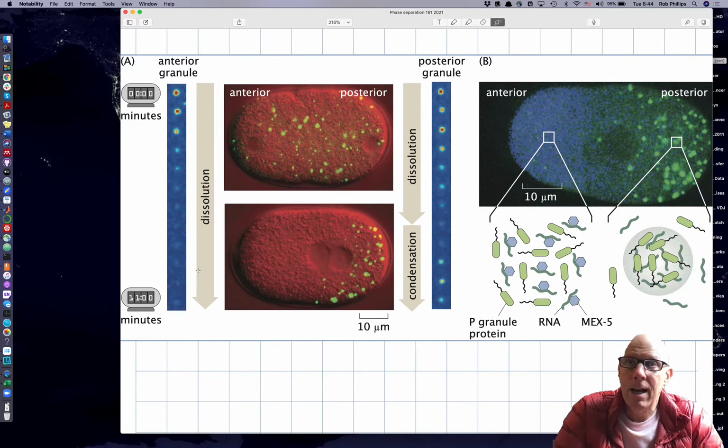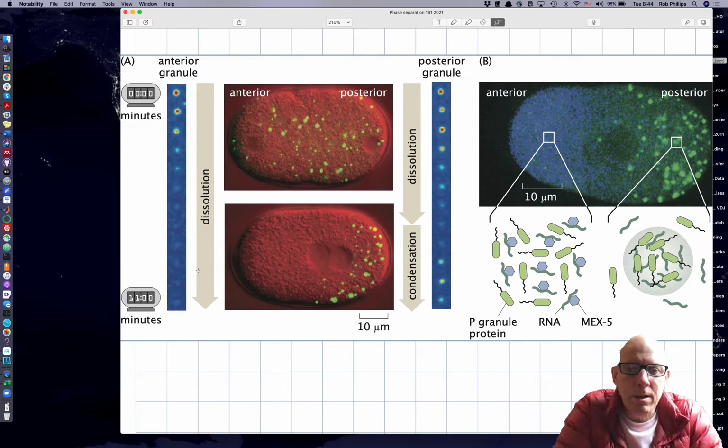And that's fantastic. And we learn things, for example, about the fact that these are membrane-bound organelles. Well, the nucleolus, just for example, which we talked about at the very beginning of the term, and the P granules and a variety of other examples are membraneless, and yet they're still organized.